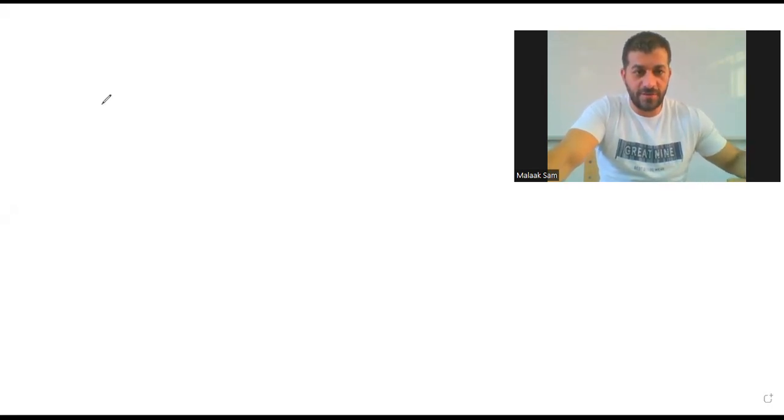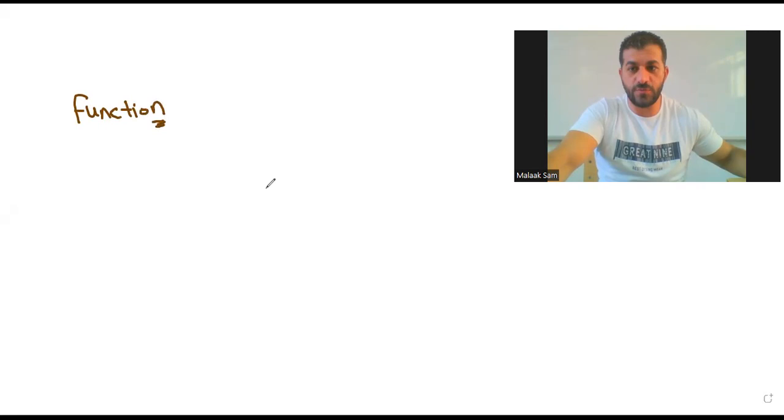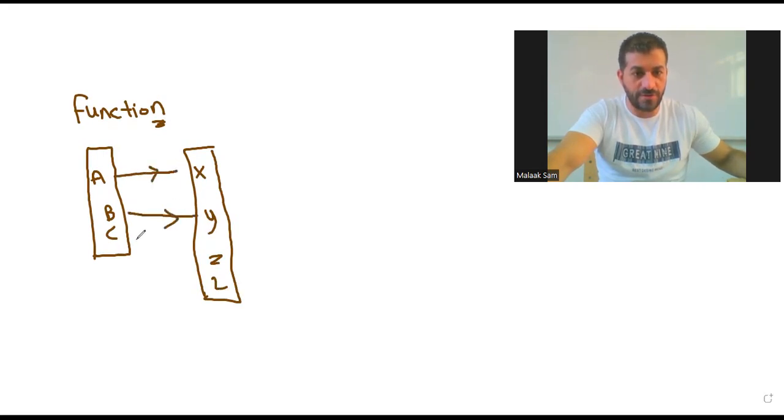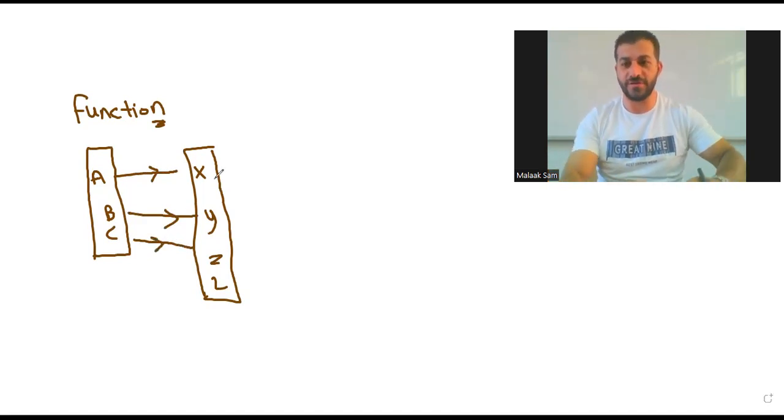Firstly, what is the meaning of a function? A function is a relation between two sets. If I have a set X: A, B, and C, and a set Y: X, Y, Z, then A is related with X, B is related with Y, and C is related with Z. So this relation is a function.